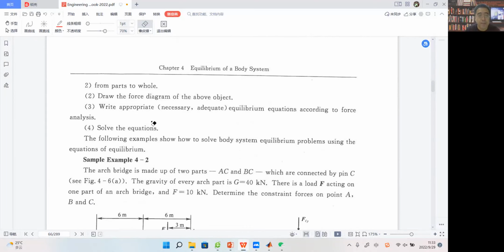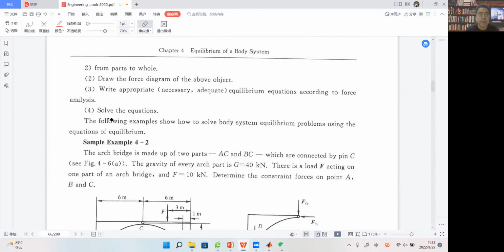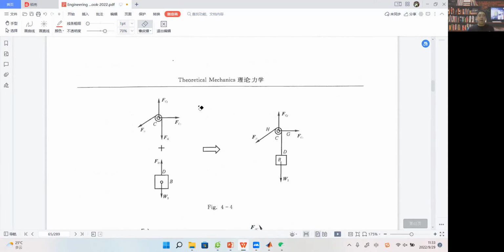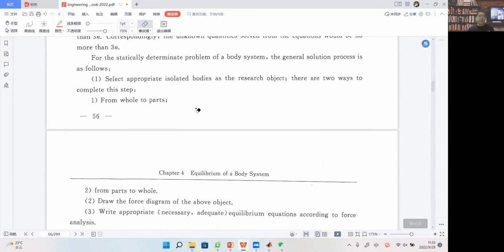And write the necessary, adequate equilibrium equations according to the force analysis. Then solve the equations.